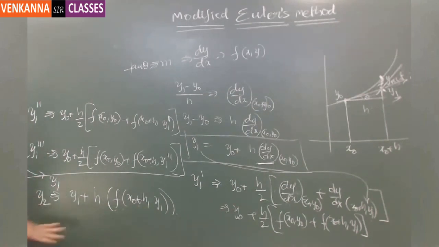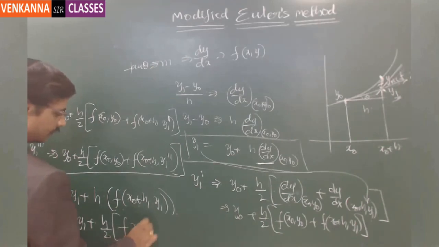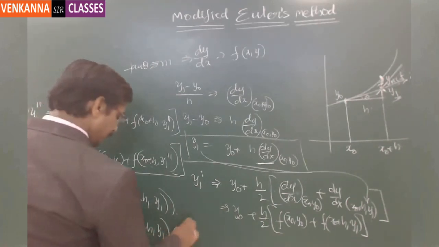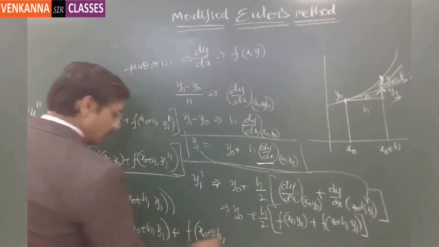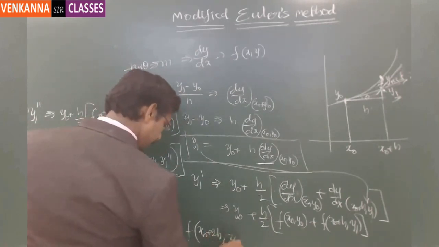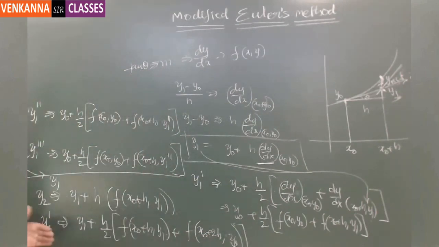Then you can use this to calculate y2 dash, which is equal to y1 plus h by 2 times f of x naught plus h comma y1 plus f of x naught plus 2h comma y2. So this value you can use to calculate the next value. Similarly, the same procedure continues till you get a better value for y2.